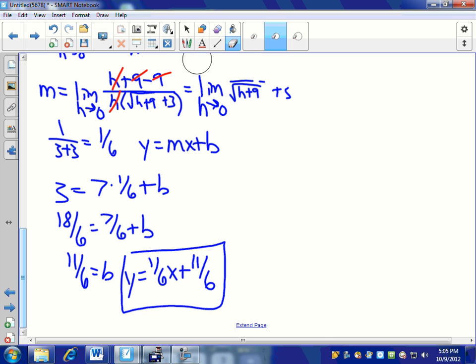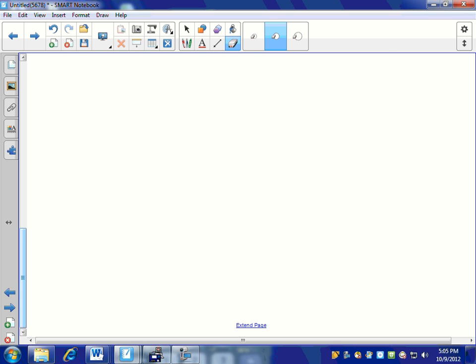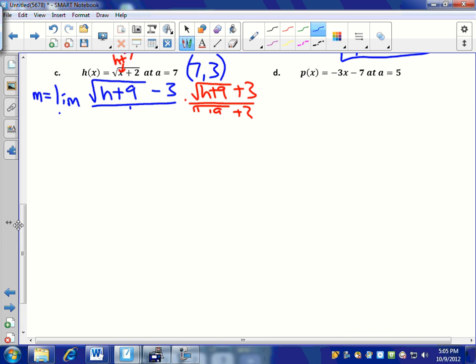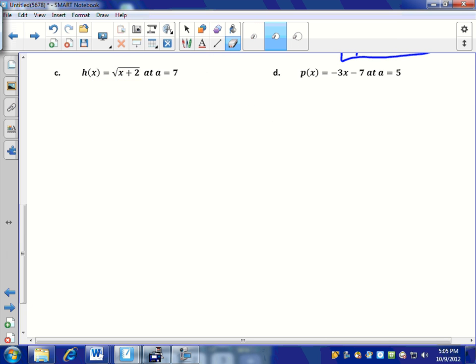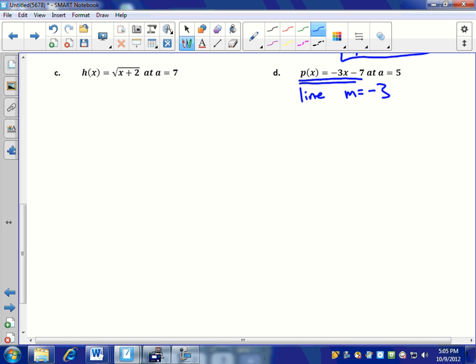And one more. Trick question, y'all. Think about it. What shape is that if we graph it? It's a line with a slope of -3.